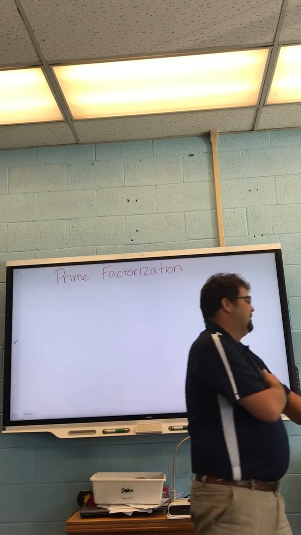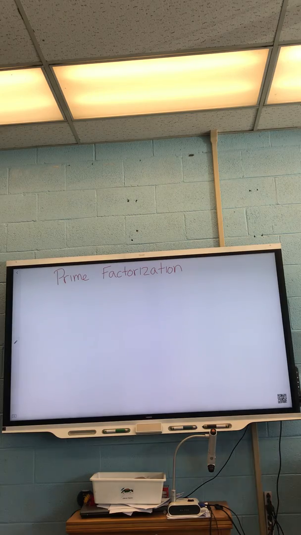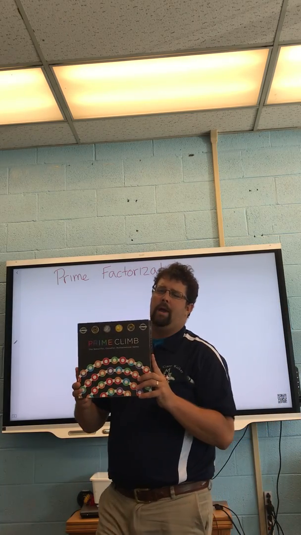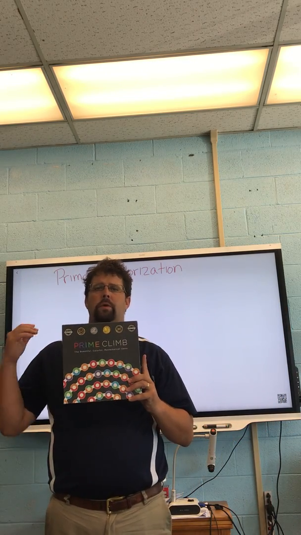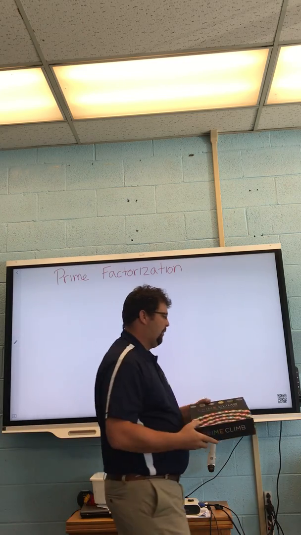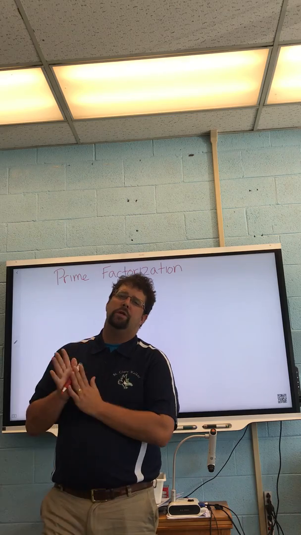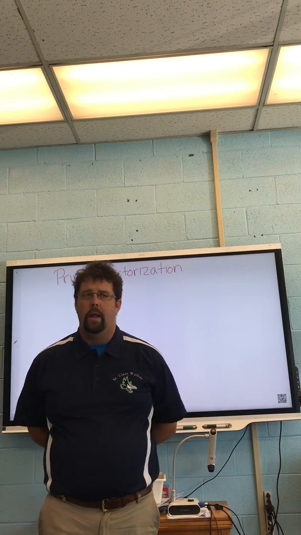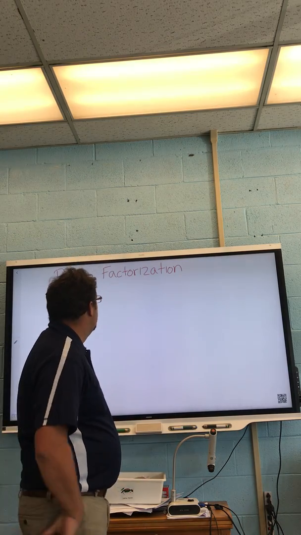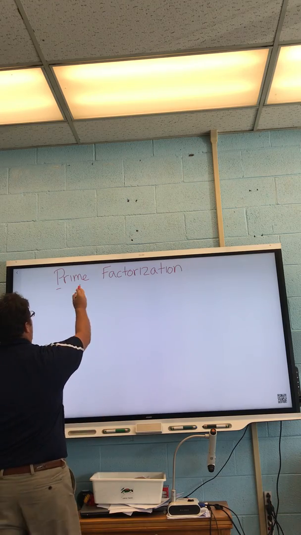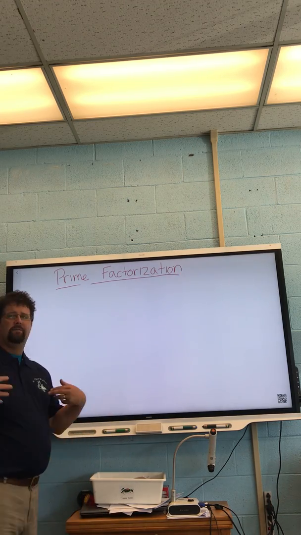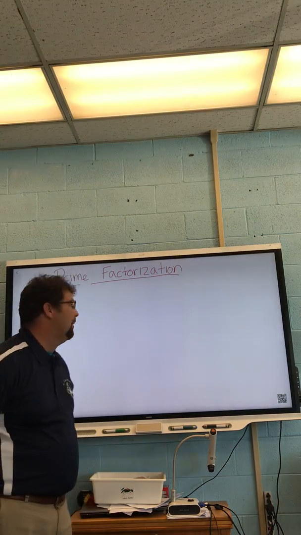What we're going to do later this year is play a game called Prime Climb. In Prime Climb, we're really going to dig into what a prime number is, and all of the prime numbers from 2 all the way up to 101. Right now we're not going to do that, but there are lots of prime numbers. And what is a prime number?